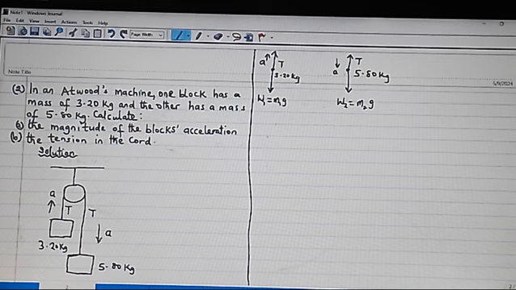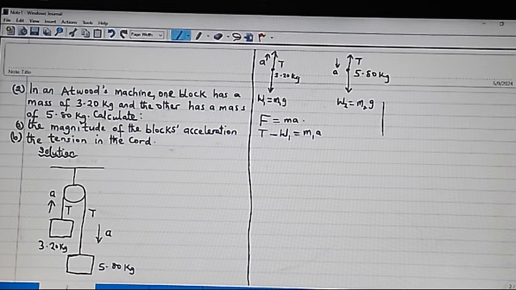So we apply our knowledge of forces. Since it is pulled upwards, the tension is greater than the weight. So we say that tension, recall that force is mass times acceleration, then tension minus W1 is equal to M1A. That is for the first mass. So we say T, I'll have to split this into two.